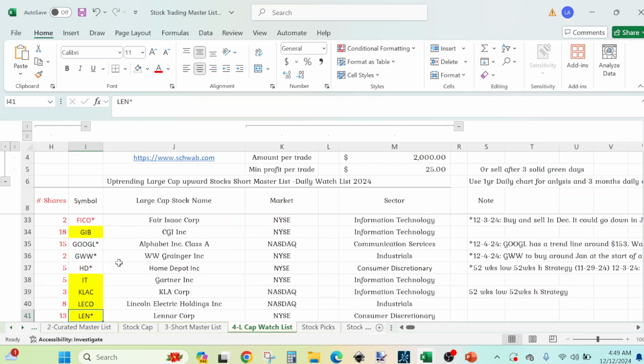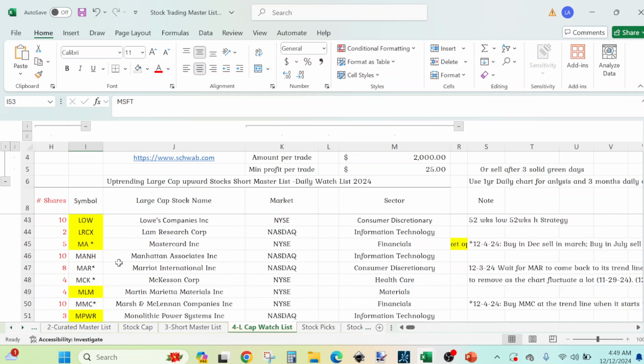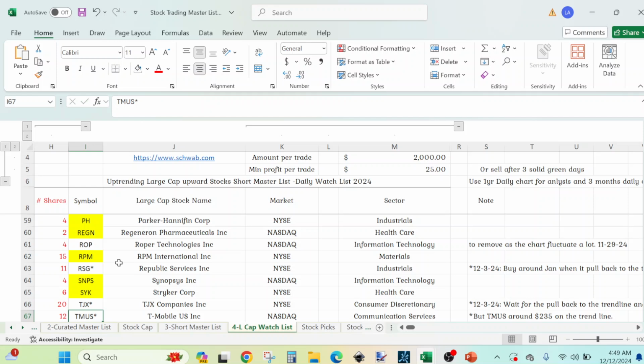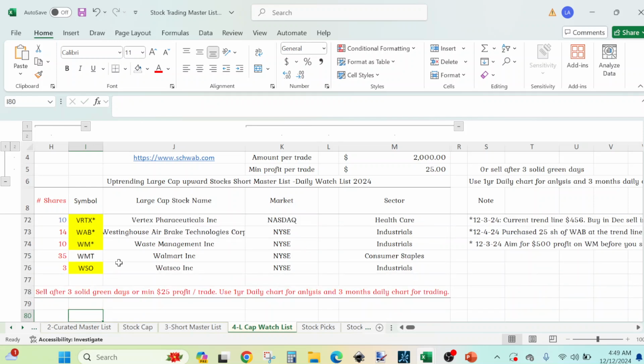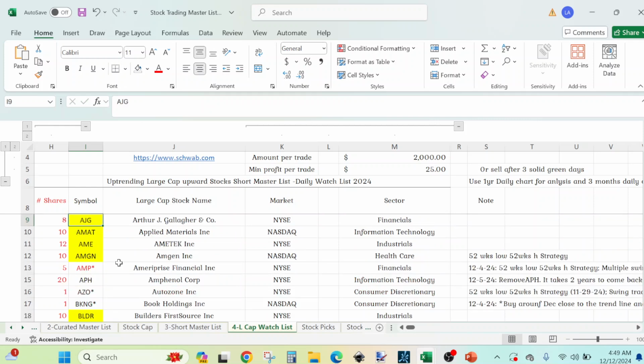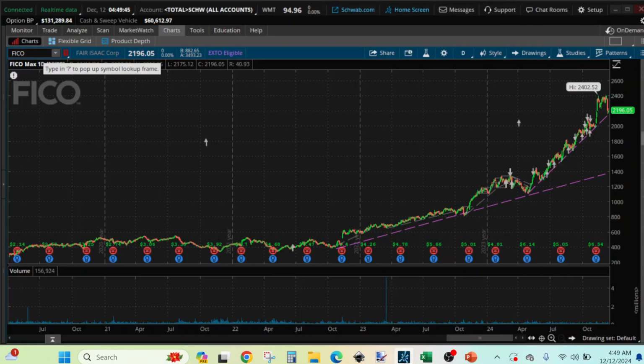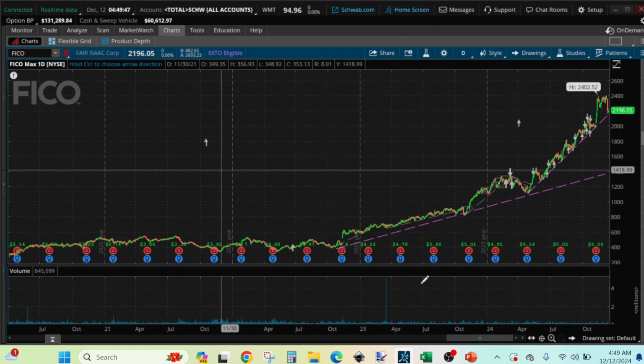But FICO is one of them that we plan to buy, and that was the one that I was not comfortable purchasing, and I didn't. So those are two cards, FICO, and I think AMP as well, and AMP didn't meet the criteria yesterday around noon to purchase it, because again, to make the purchase, it's good to do the analysis again of them.